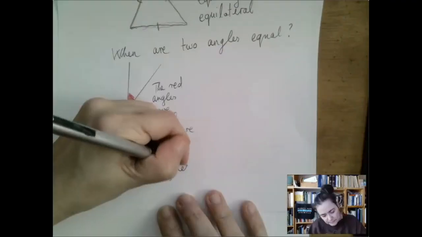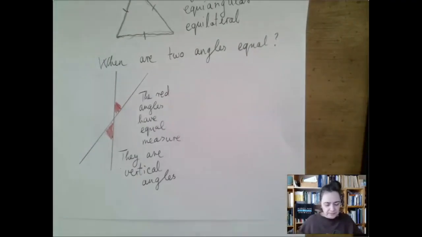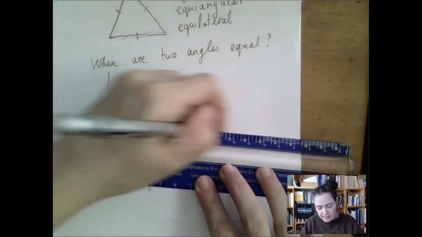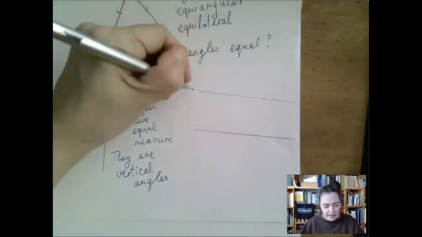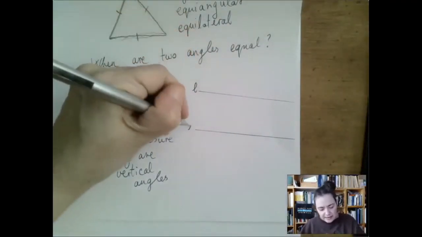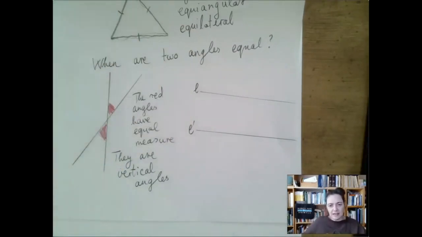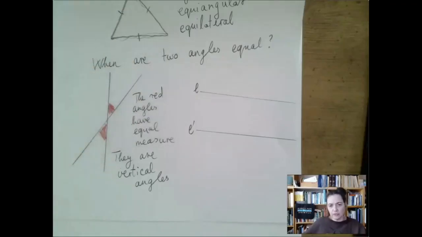Another case, a little bit more complicated, is when you have a pair of parallel lines hit by a third line. So we have, let's call it L and L prime. This is one way for us to say this L and L would be the same object. L and L prime means they somehow belong together. This is how we just sneak it into the notation that they're parallel.